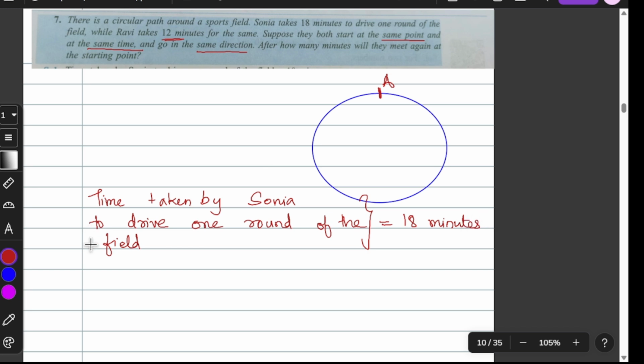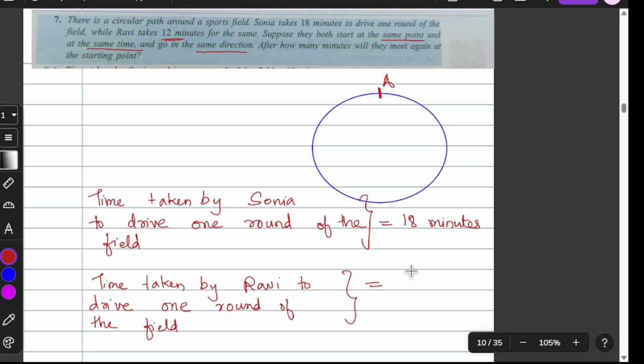And what about Revi? Similarly, the time taken by Revi to drive one round of the field. How much is it? It is going to be 12 minutes.